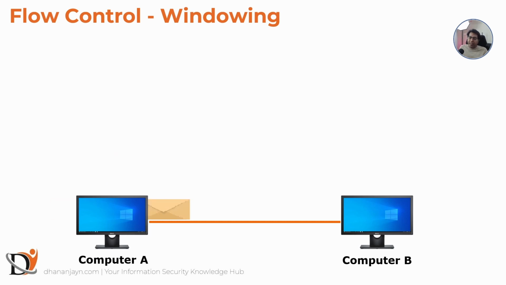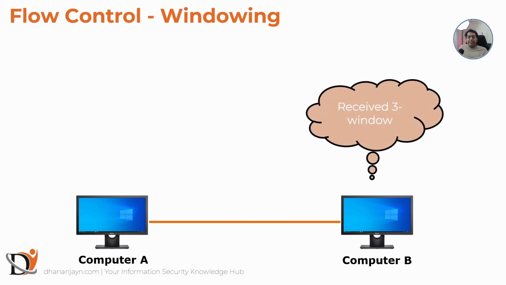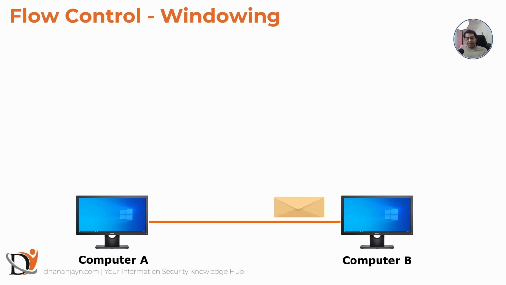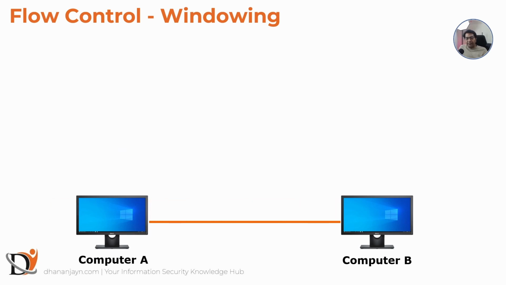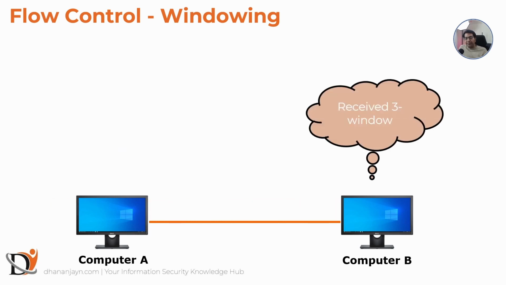So computer A is sending data to computer B. Now I'll rewind back. Let me go back once again. So now computer A is sending data to computer B. 3 windows were sent and now computer B has received 3 windows.